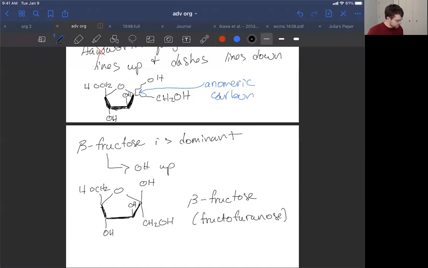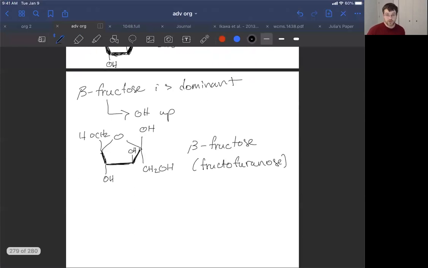Okay. Now, as I'm sure many of you have heard, we can remove oxygen atoms from these things, and then we get deoxy sugars. So if you have deoxyribose, let's first consider that as a Fischer projection.